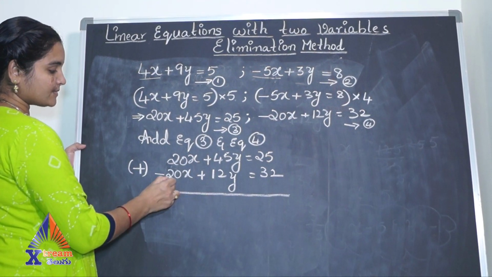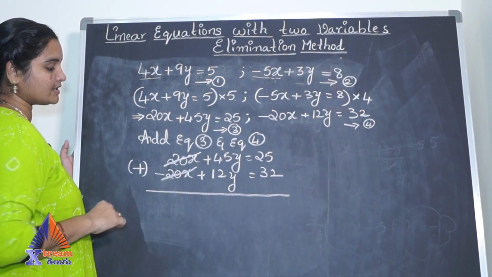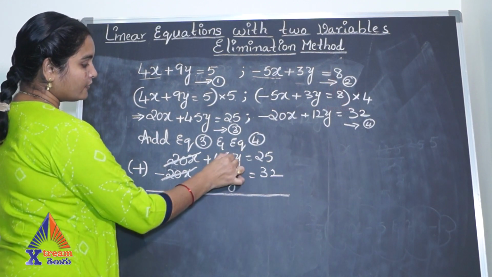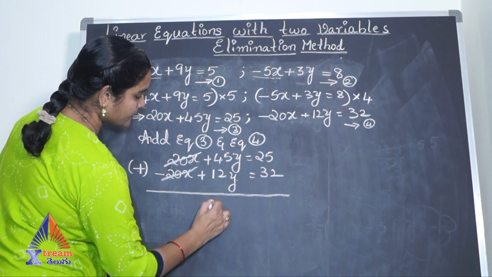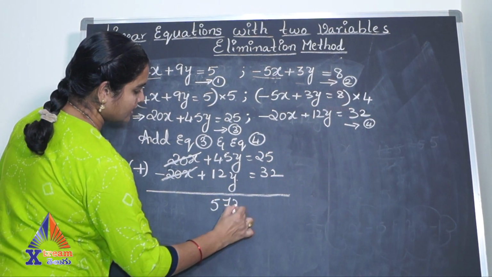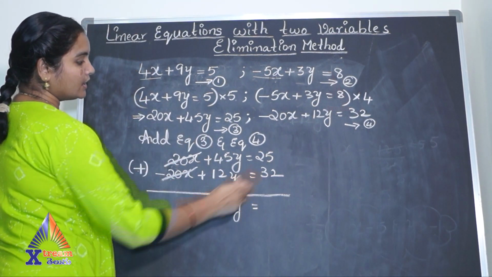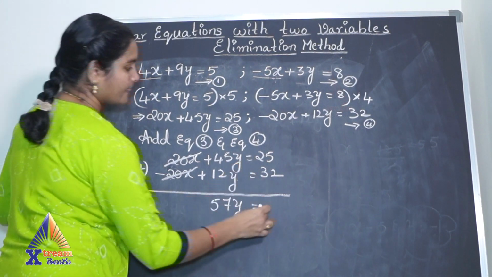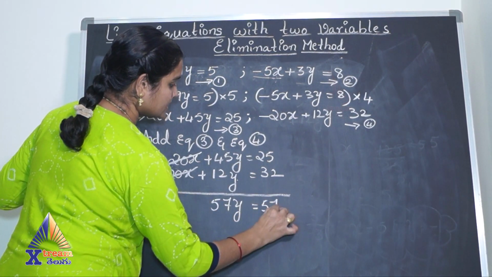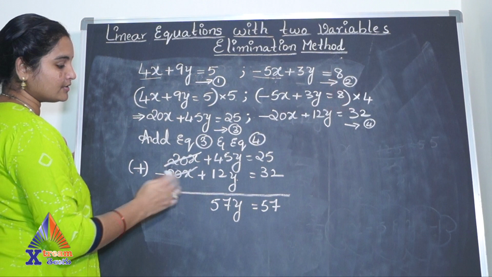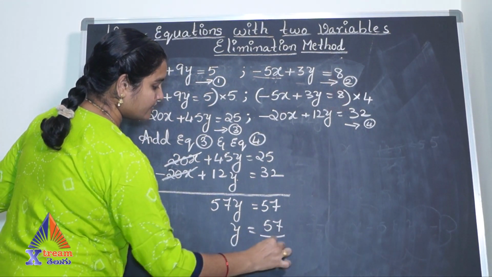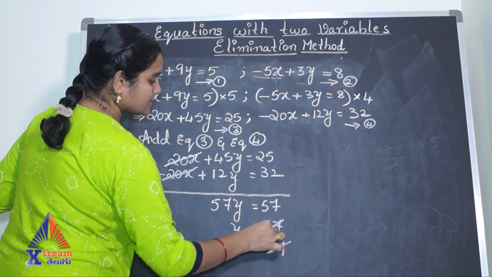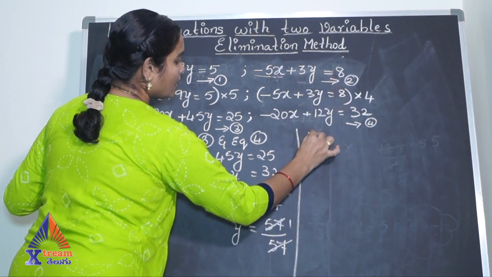So plus 20x minus 20x, like terms with different signs, get cancelled. 45y plus 12y, we get 57y is equal to 25 plus 32, 57. Very easy to calculate. y becomes 57 by 57, which is nothing but 1.